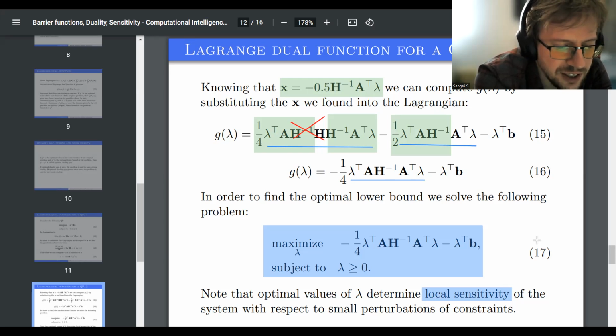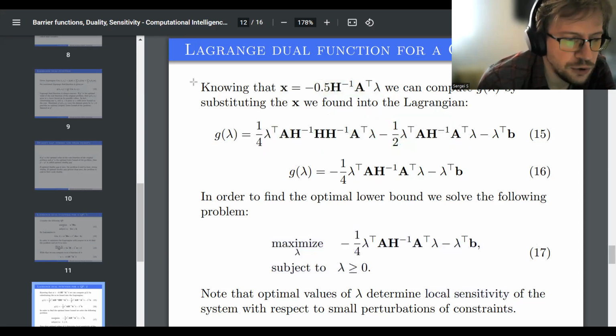So sensitivity is given to you by the optimal values of the lambdas. You can study how sensitivity works at any value of x: you can plug any value of x into your Lagrangian and study how sensitive your problem is to that particular value of x.